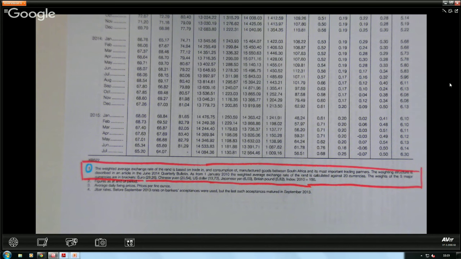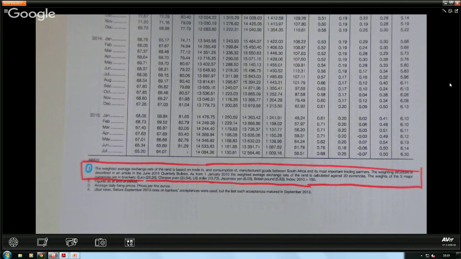So we know that the most important currency for South Africa's effective exchange rate is the euro. It carries almost 30% of the weight in this effective exchange rate.